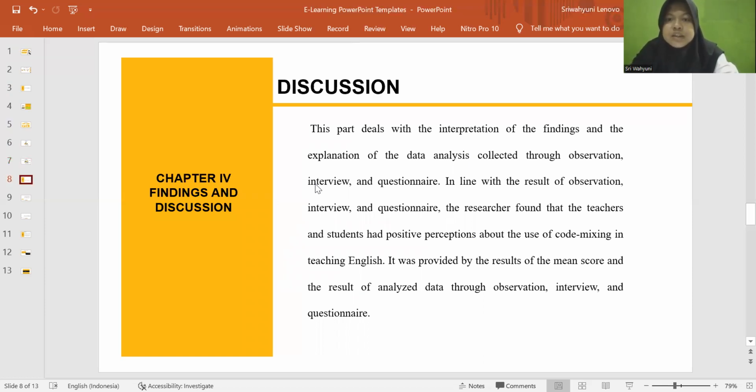In line with the results of the observation, interview, and questionnaire, the researcher found that the teachers and the students had positive perceptions about the use of code mixing in teaching English. It was supported by the results of the mean score and the results of data analysis through observation, interview, and questionnaire.